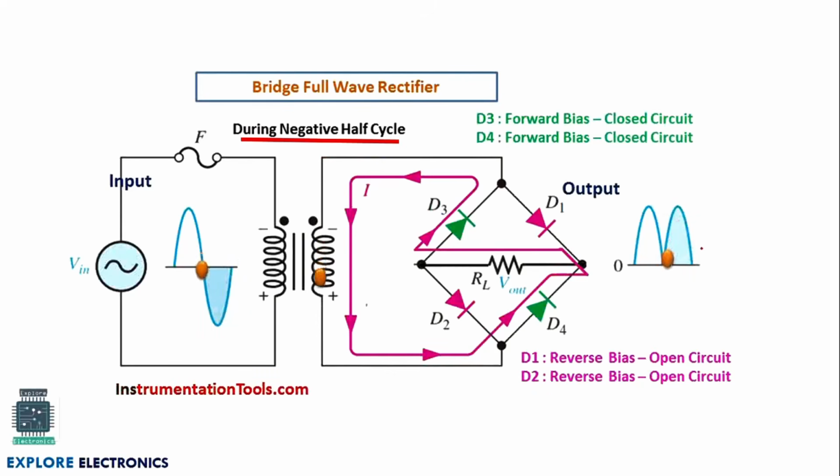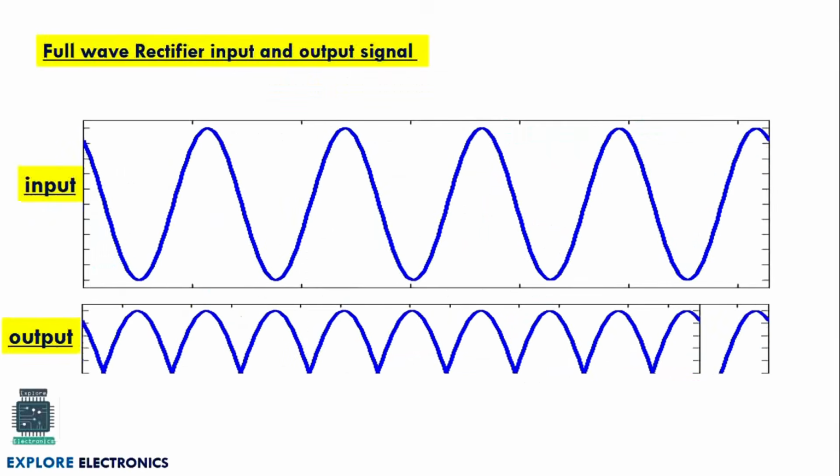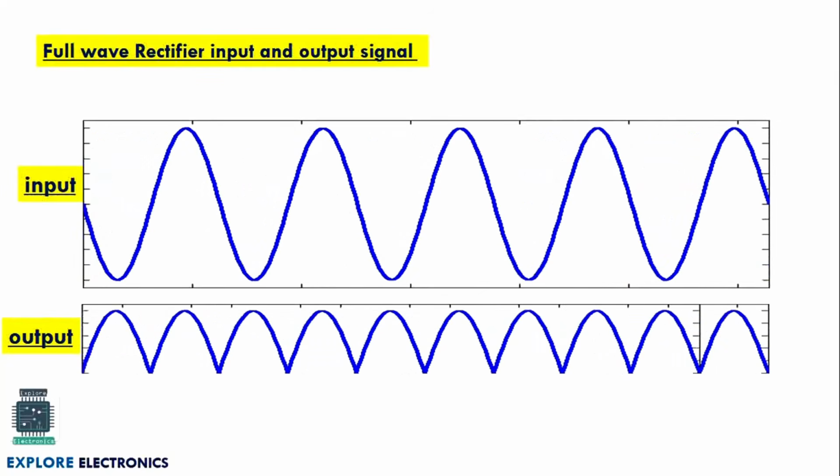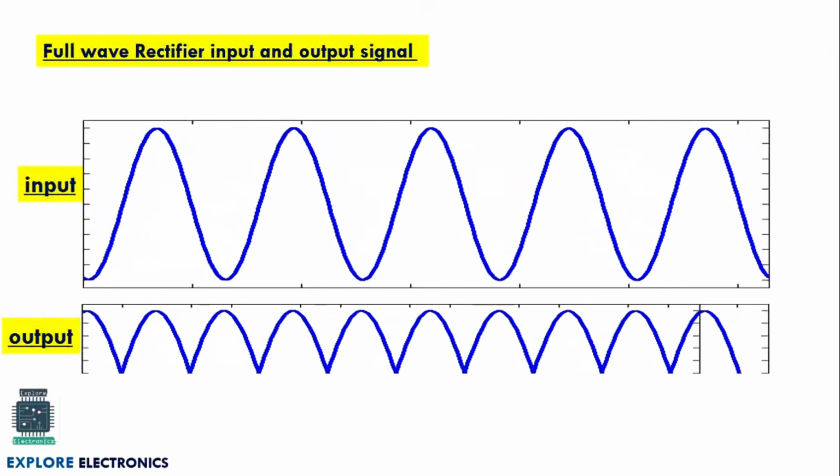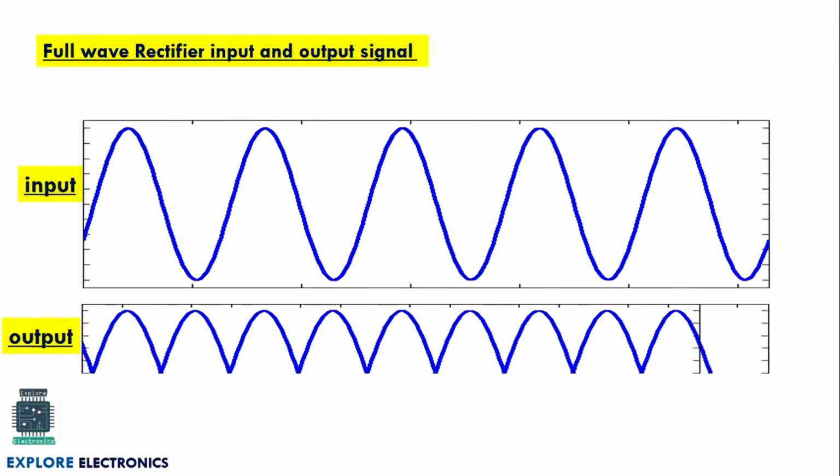Full wave rectifier output, as we saw in the previous slide for the center tapped full wave rectifier, similarly here we are going to get the output. This is how the bridge rectifier is going to work. Both the center tap as well as the bridge rectifier outputs will be of the same kind.